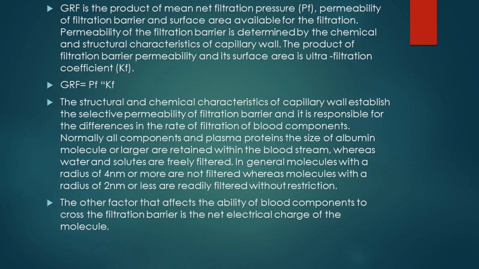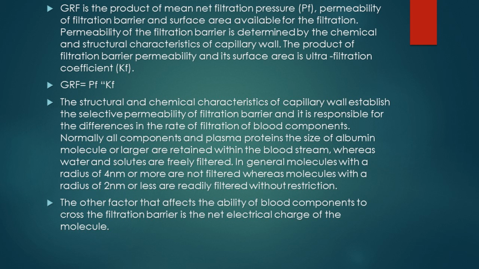The reason for this is the size of fenestrations, that is only 70 to 100 nanometer, while the size of blood proteins is in micrometers. So these fenestrations don't allow the blood proteins to be filtered from them.